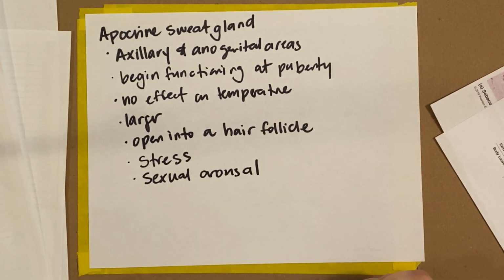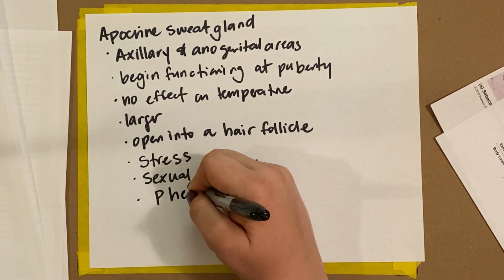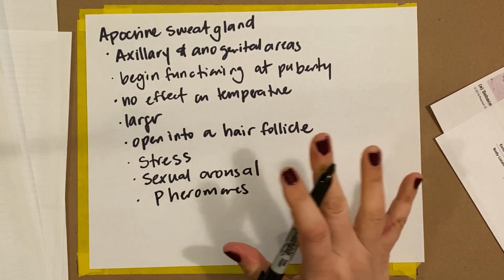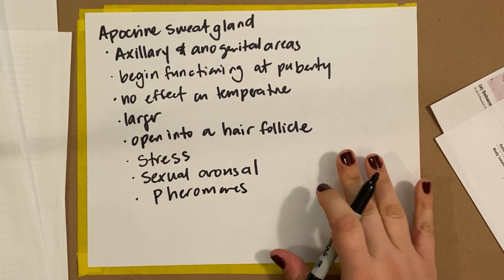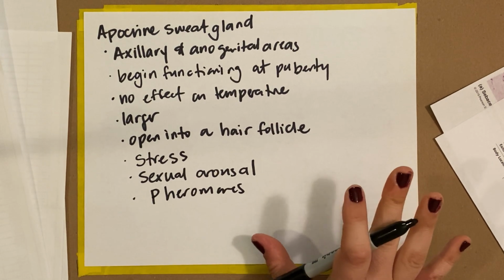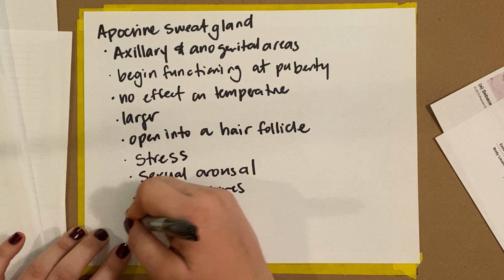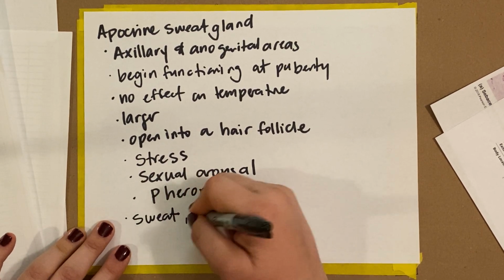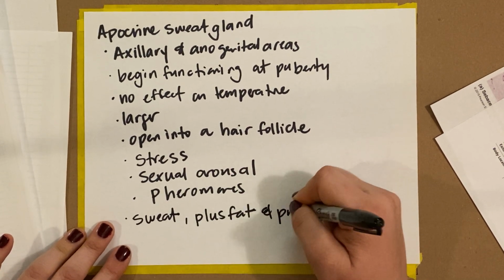Now, there's a lot we don't know about these, but it's possible that they have something to do with pheromones. We're unsure exactly of the function of pheromones in humans, but it's possible that these are associated with that. And they will secrete sweat, but also something else: a little bit of fat and protein. So it's a different type.